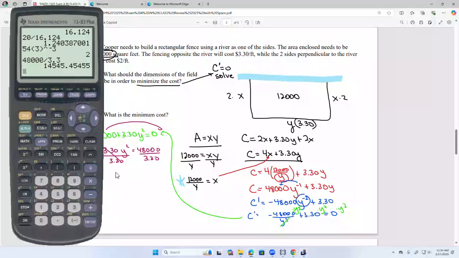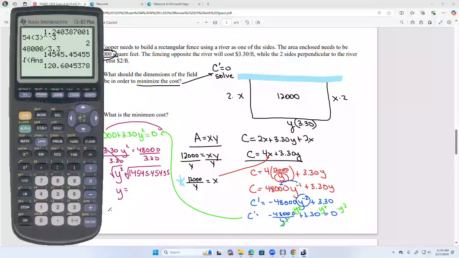So I have y squared equals 14,545.45455, whatever. I'm going to take the square root of both sides. So taking the square root, I get 120.605.